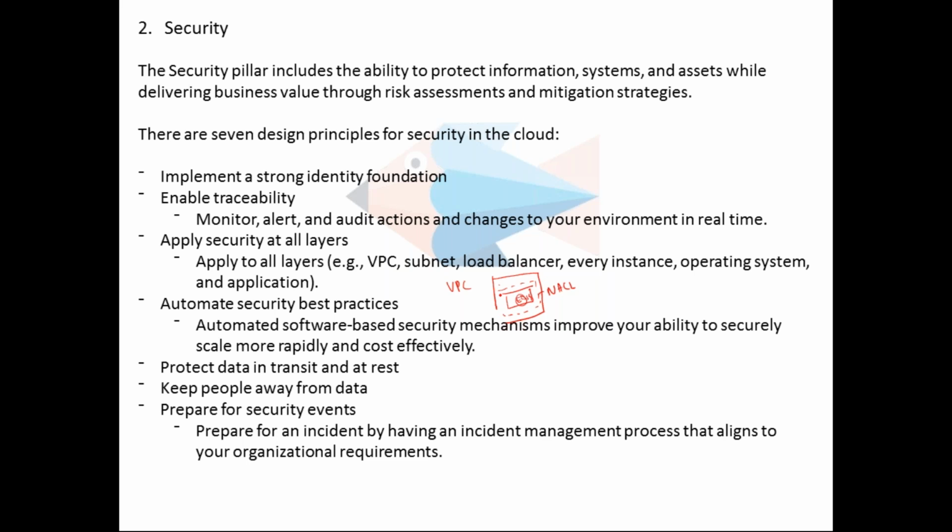This I have already told you in the VPC. To monitor the VPC, enable CloudWatch. To get the logs, enable CloudTrail. And to specify the permissions, go for IAM. All the services we have already discussed, I'm just consolidating and telling you that you're supposed to follow all these things.